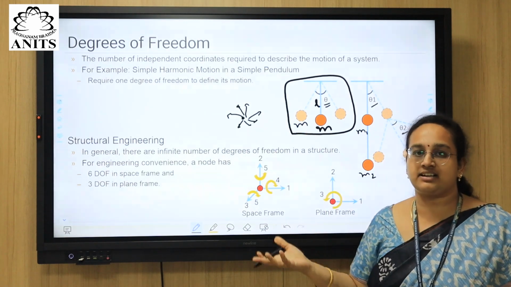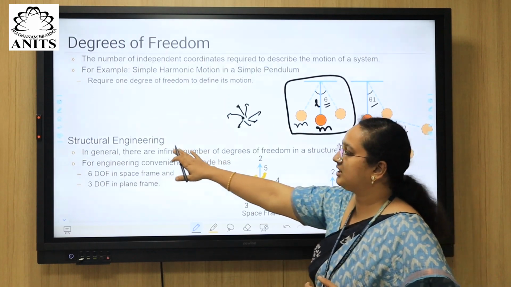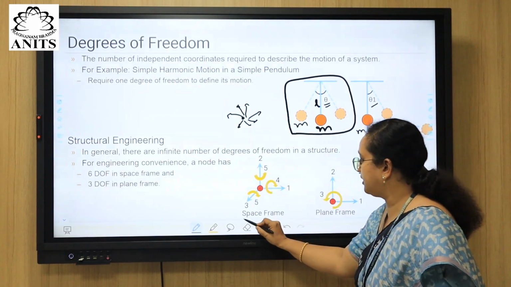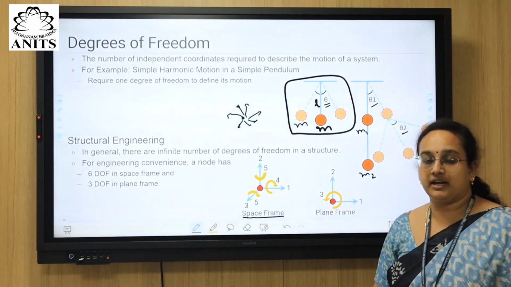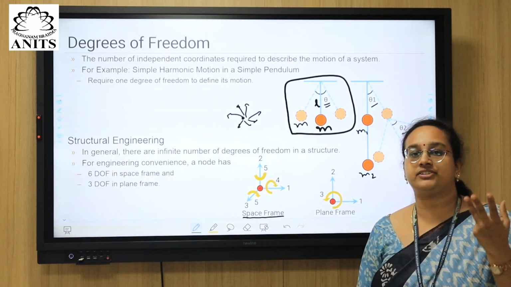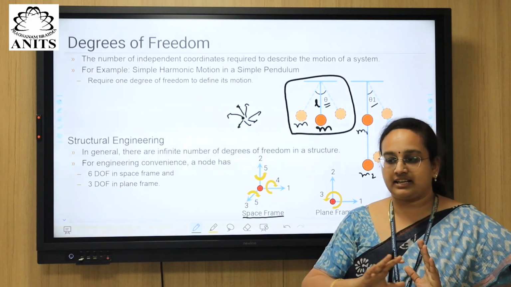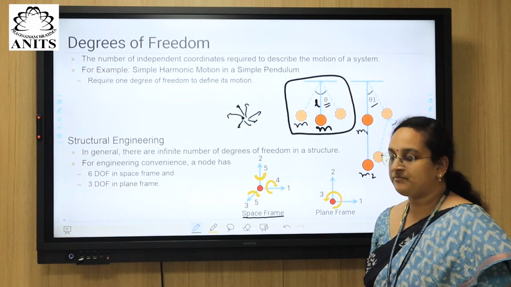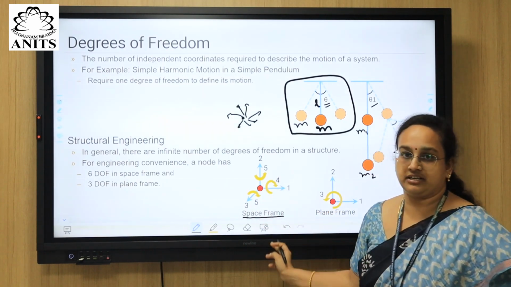We cannot decide upon that. But from the structural engineering point of view, we are interested only in 6 degrees of freedom if we are talking about a space frame. In a space frame we have 3 frames of reference, x, y and z, and the rotations corresponding to them, right?